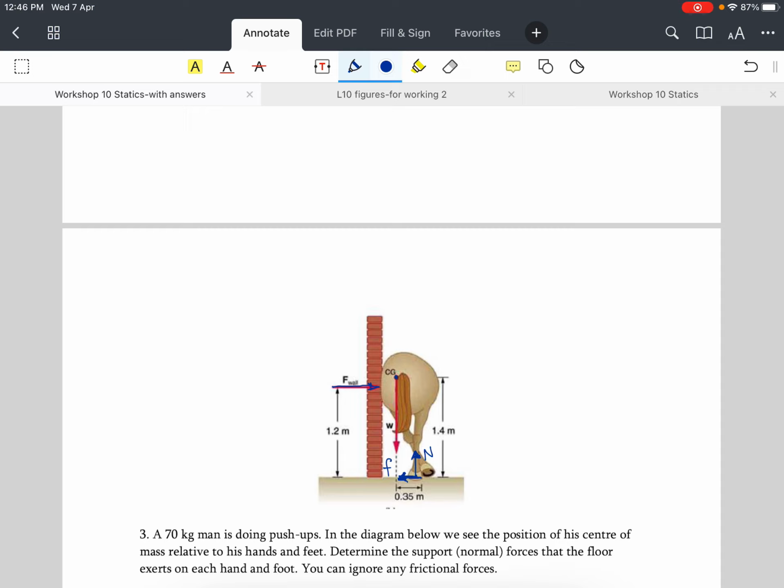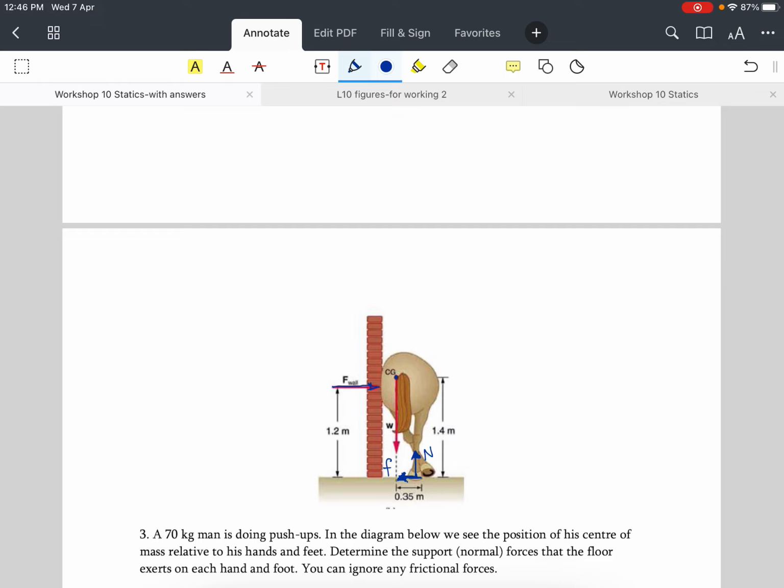There's a normal force provided by the ground on the hoof that's pointing upwards, and there's a static friction that prevents the horse from slipping. The static friction force is pointing to the left because it's opposing the possible slip of the horse, which will be towards the right if the horse were to slip.